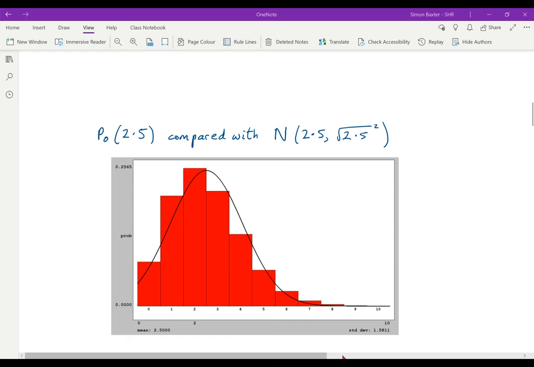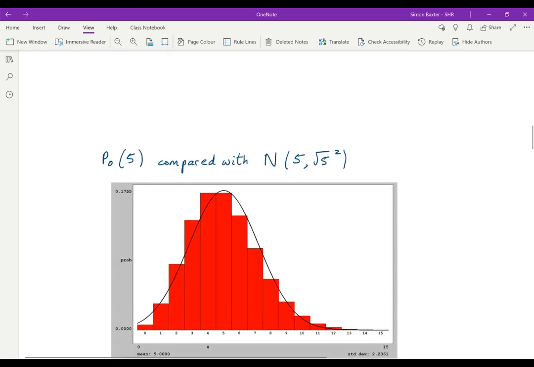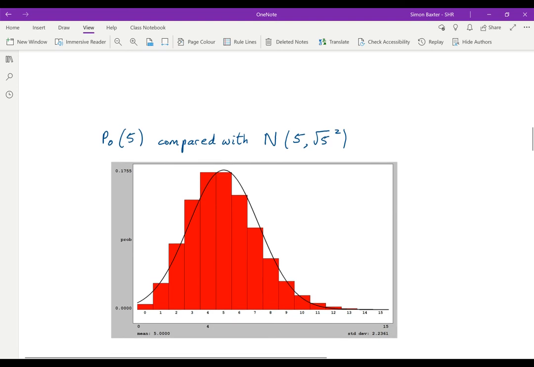Let's move on. What happens if we look at a Poisson distribution with a mean of 5 and the corresponding normal distribution with the same mean and the same variance? It's better than the previous one, but the Poisson probability histogram is not symmetrical.